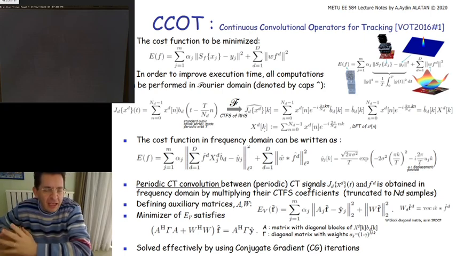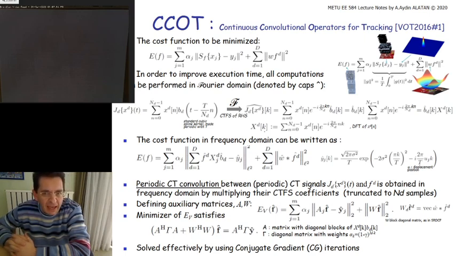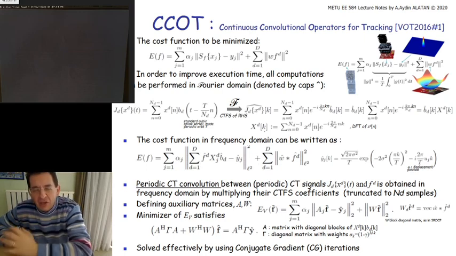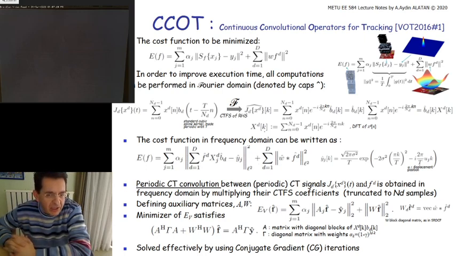Just a little advertisement here. In 2017, myself and my PhD student Erhan took the CCOT and this cost function, and we used this cost function in the back propagation step of a CNN, and we trained our system.